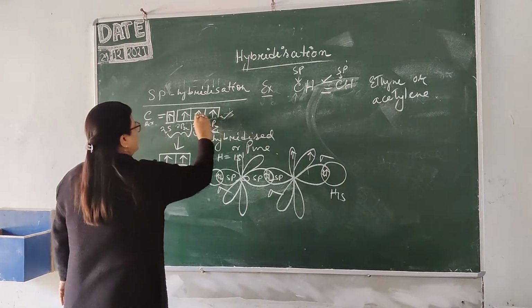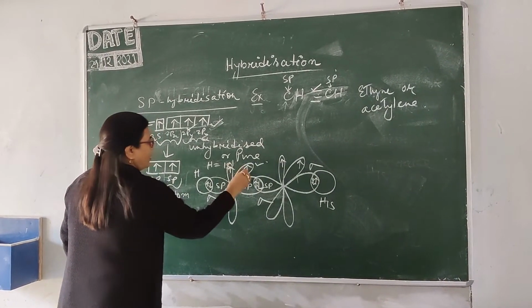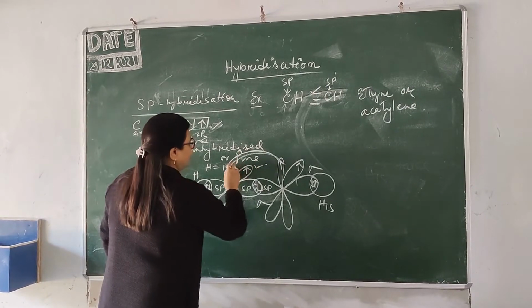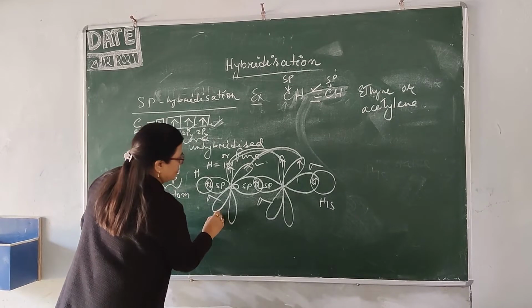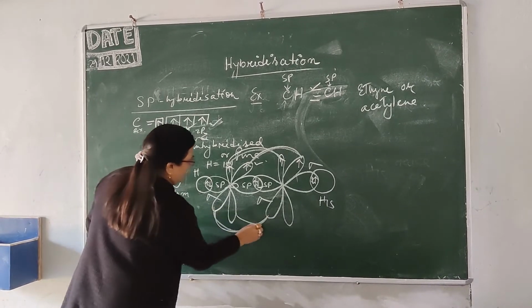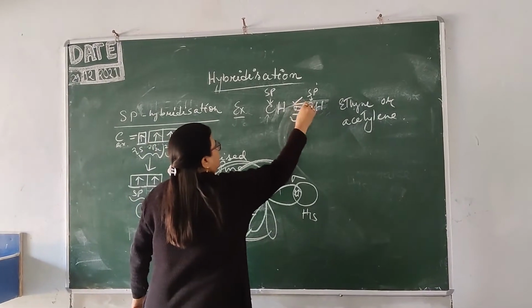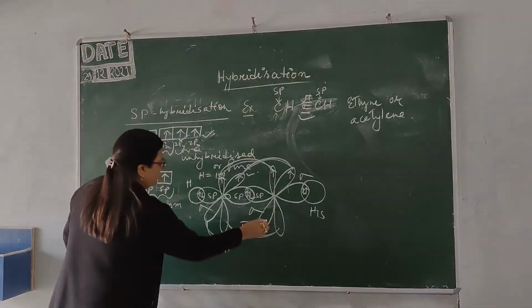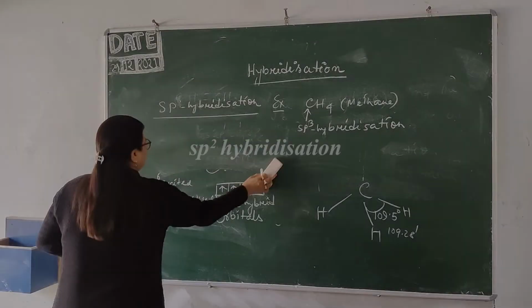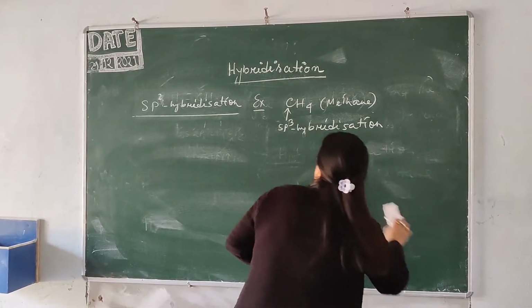These are two pure orbitals, that means py and px. If this is the sigma bond, these two pi bonds are formed by the combination of these two. Now, I want to discuss with a suitable example the sp2 hybridization.